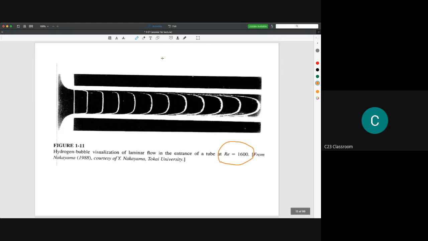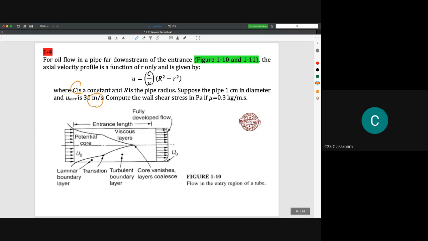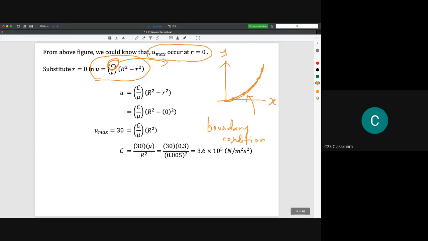This is a radius because we are talking about flow inside the pipe, and as I said, the maximum occurs at the center point. So we assume that at this point, r is equal to 0, and u becomes u maximum. That's why we use the idea of u max occurring at r equal to 0.